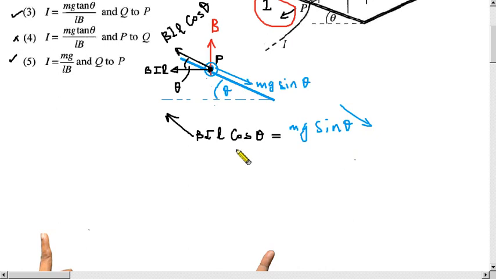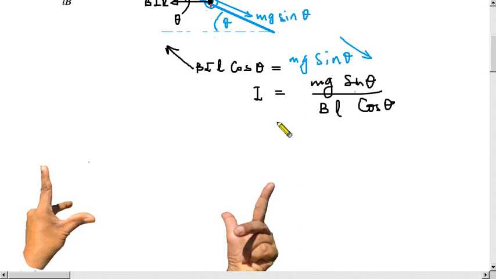So now what we have to do is to simplify this equation and find out the value of I. Let us take cos theta to the right side, then mg sin theta divided by cos theta, then B is here, L is here, I is isolated.